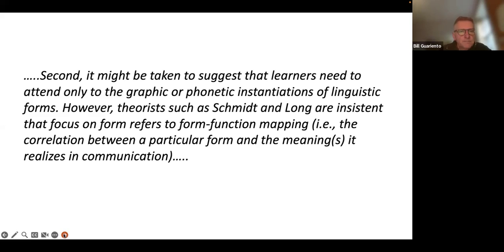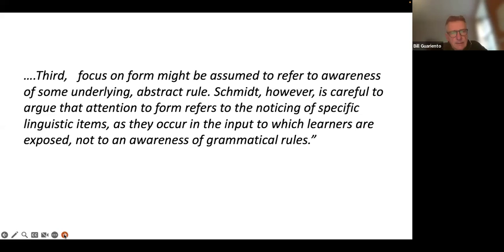However, theorists such as Schmidt and Long are insistent that focus on form refers to form-function mapping, i.e. the correlation between a particular form and the meanings it realizes in communication. So, that's the second possible definition of form. And this is the third one.